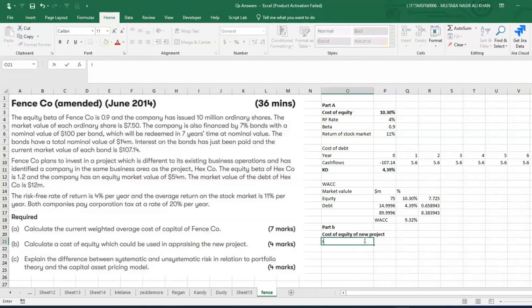Hexco, it is assumed that Hexco is a suitable proxy company. Second step, ungear the beta of Hexco. Okay. What is the beta of Hexco? Beta of Hexco is 1.2.